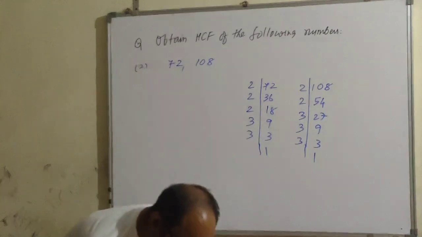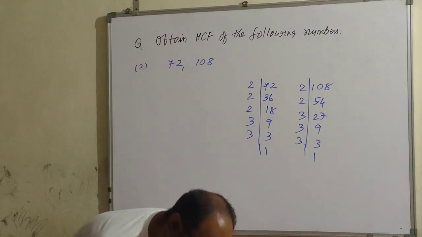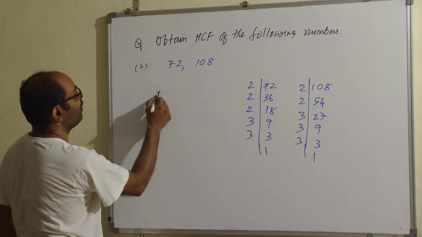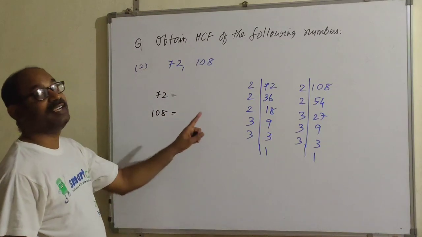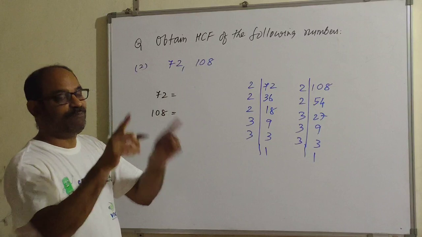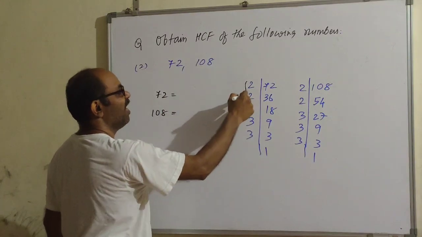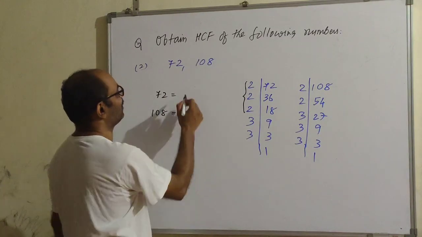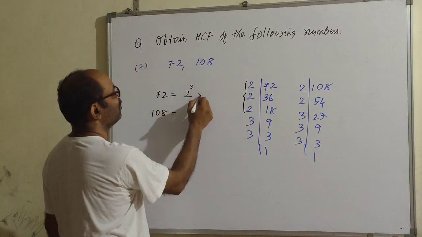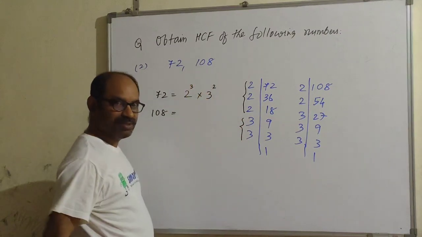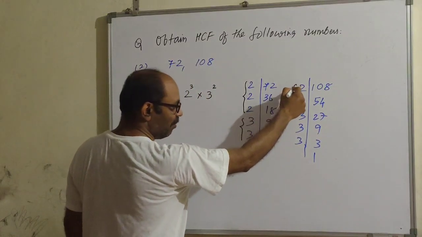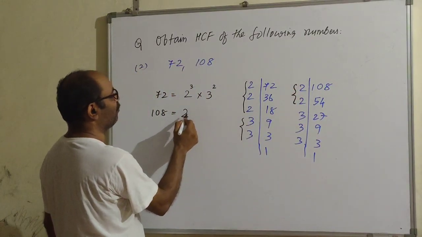Correct? Let us write down the factors of 72 and 108, but in the form of a product of powers. How many times is 2 multiplied with itself? 3 times. 3 is multiplied with itself 2 times, so 3 square. Next, how many times is 2 multiplied with itself? 2 times.